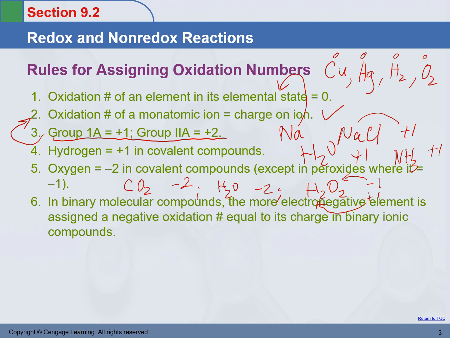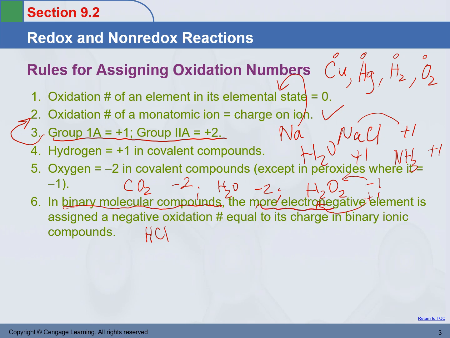In a binary molecular compound, the more electronegative element is assigned a negative number equal to its charge in binary ionic compounds. All right, let's again use an example to go through this. A binary covalent compound, HCl, a binary molecular compound. Both are nonmetals, so it's a molecular compound.